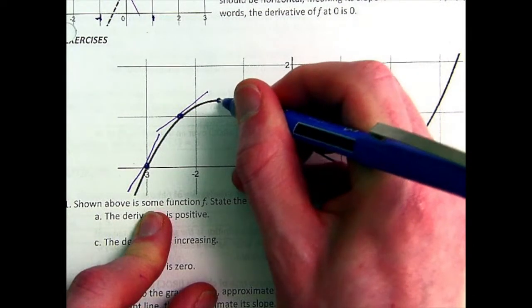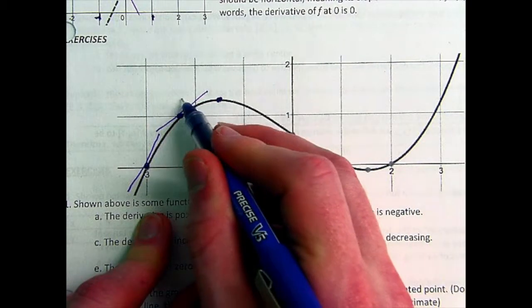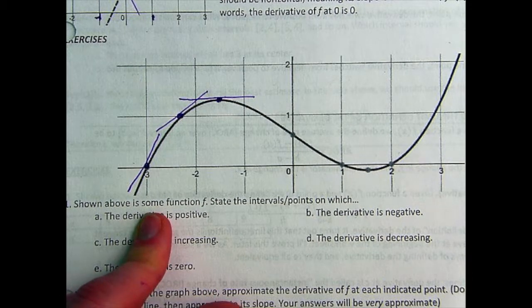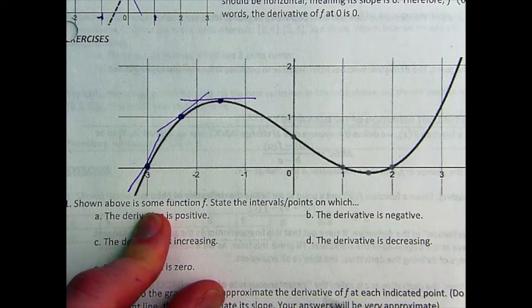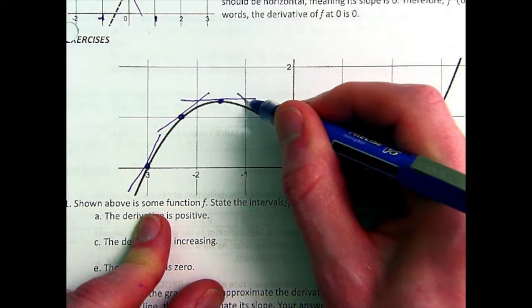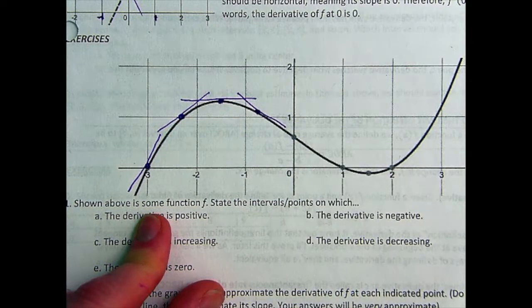And then we get to this point right here. The tangent line seems to be totally horizontal. Is the slope of the tangent line positive there? No, it actually seems like it's 0. If we go any further, the tangent line looks like this. That is a line with negative slope, so the derivative is negative there.